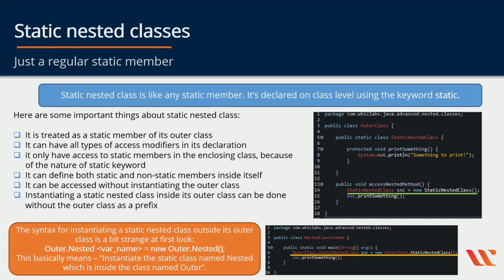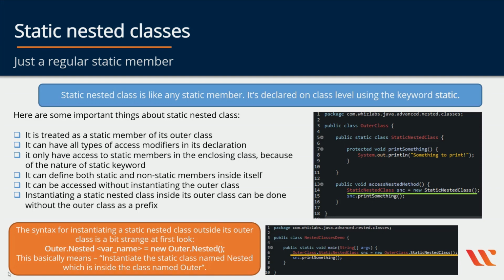We are trying to create an instance of a static nested class outside its enclosing class. The syntax is a bit strange, as you can see. For the reference type, we have outer class dot static nested class, and for the object type we have new outer class dot static nested class. I know what you're thinking.